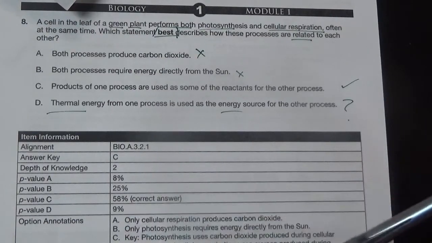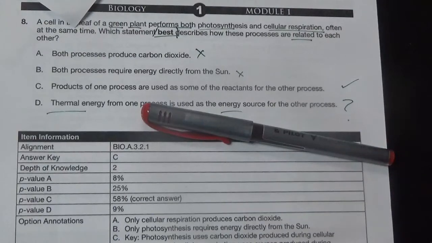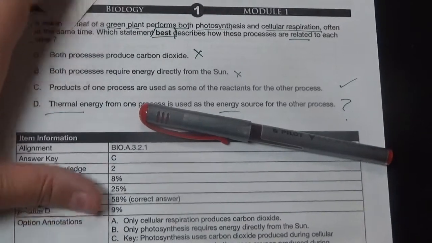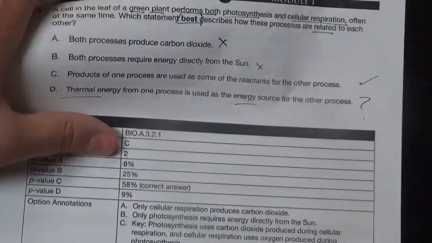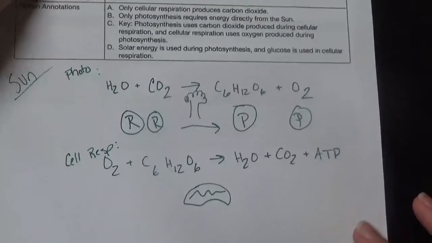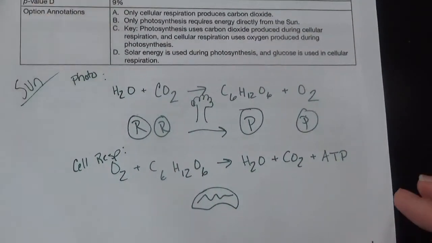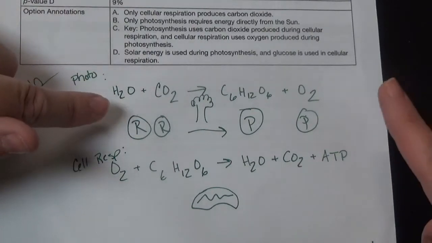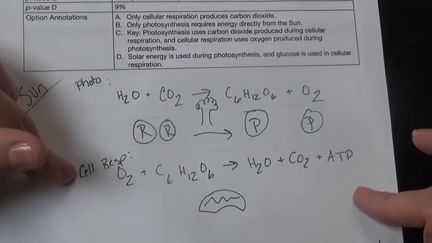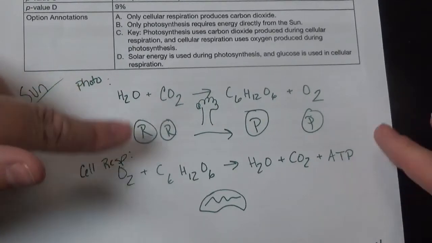But what you really want to think about when you see a question like this on the Keystone exam is, like I've said before, using your scrap paper. So when I was thinking my way through this question, I wrote out photosynthesis and cellular respiration. I just kind of jotted it out on the paper.